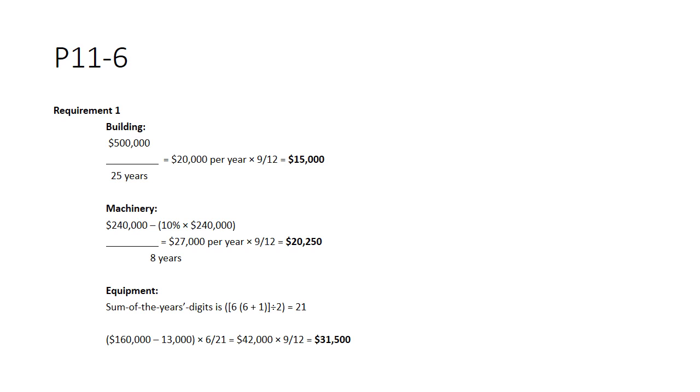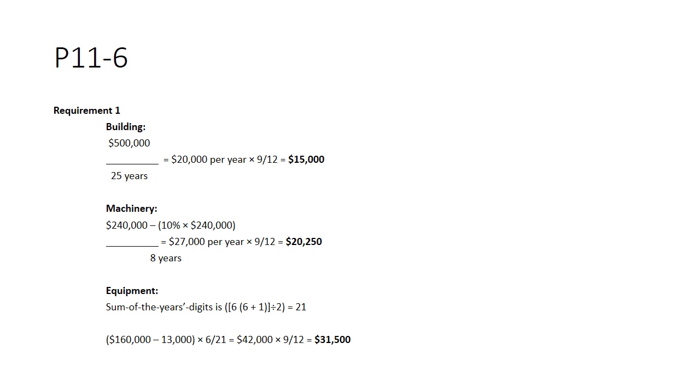The machinery has a 10% of cost residual value, 8-year life, and it uses straight line. So we'll take $240,000 cost minus 10% of $240,000, or $24,000 as the residual value, divided by the 8-year life will give us depreciation expense of $27,000 a year.